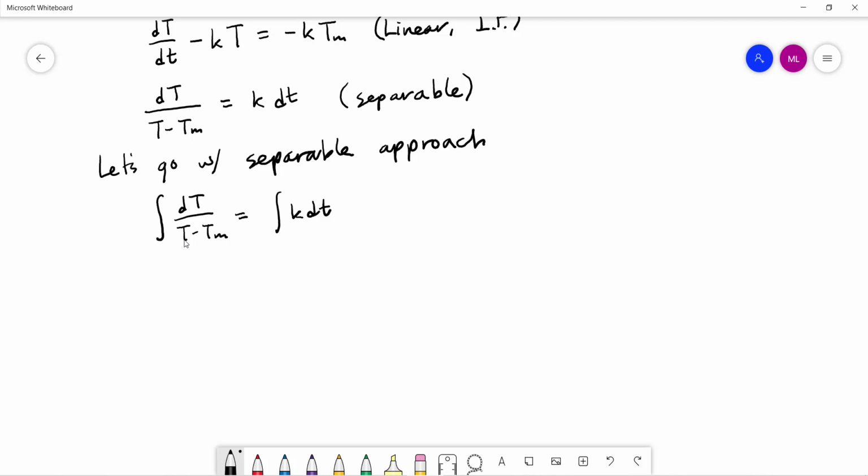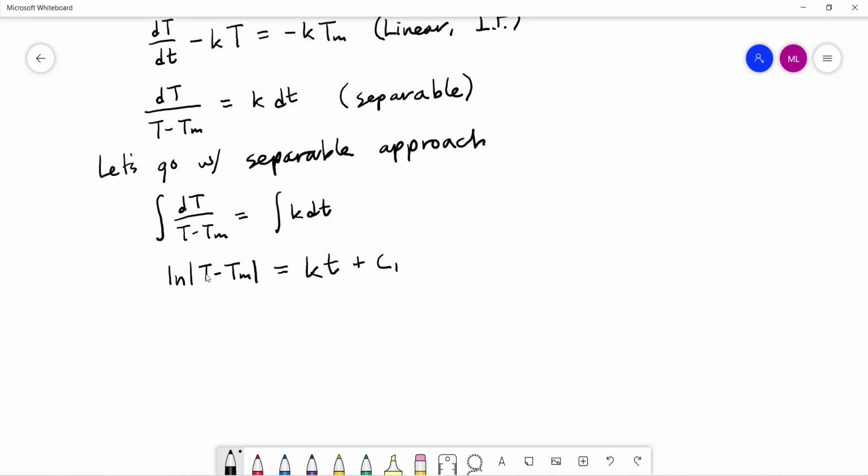We would basically call the whole denominator u, and we could write this as du over u, but we will get the natural log of the absolute value of T minus Tm. So this would be the result that we would get doing u substitution. If you want to do that aside, you can do that on your own. And on the other side, we have this k times dt term, which will lead to kt, plus some constant. So we'll call this plus c1.